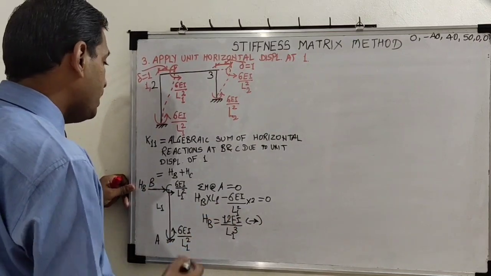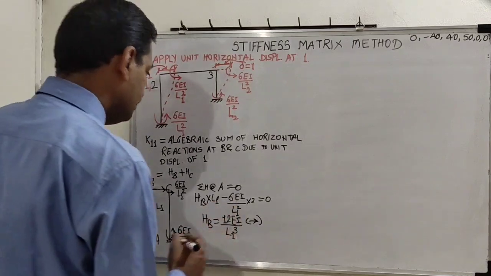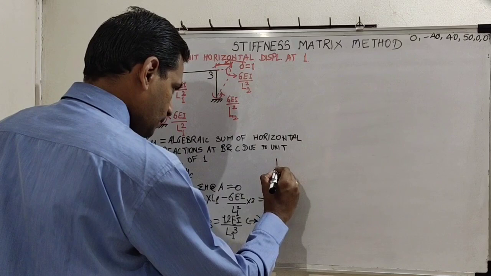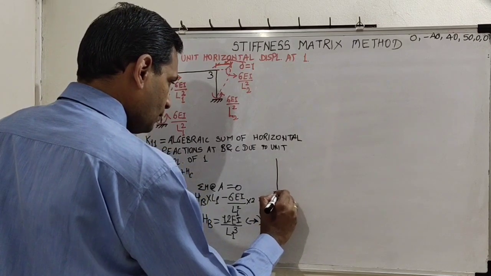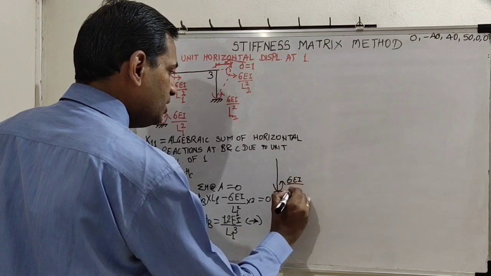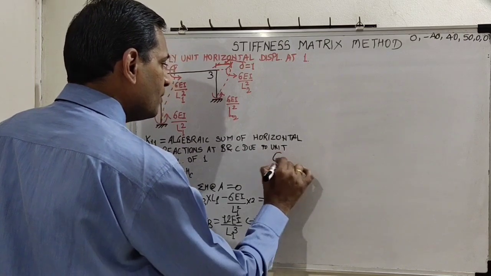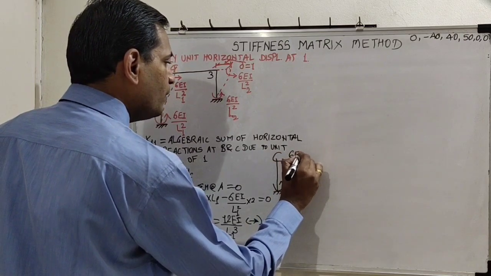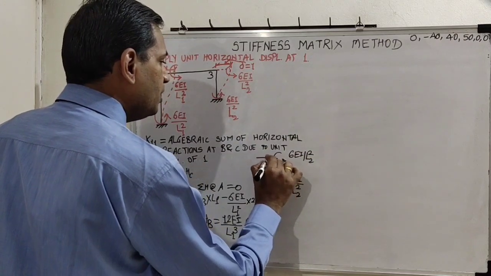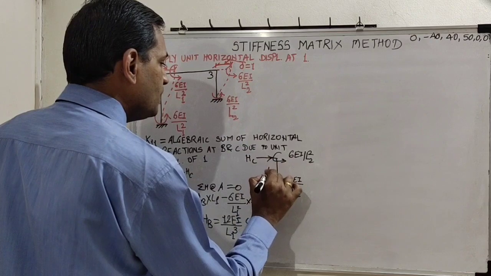Similarly, I will find HC. Here again I will show these two moments, 6EI by L2 square. Here is 6EI by L2 square, and this is again HC. This is the height.